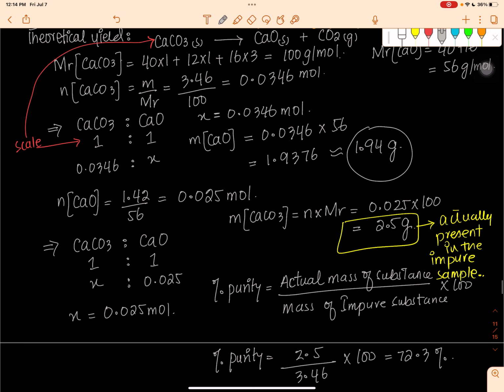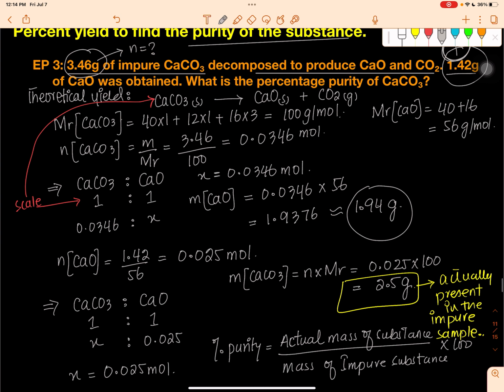So why did I not use a direct approach, and why did I do one calculation first and then the other part? The reason is that I just wanted to give you a clear picture that starting from the given number of moles, when you find out the yield of the product being obtained, this should be the theoretical yield, which is calculated on paper.